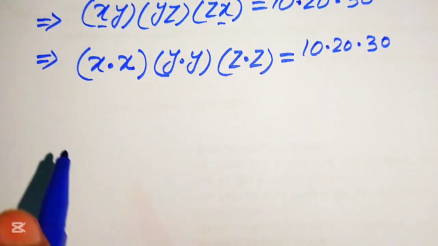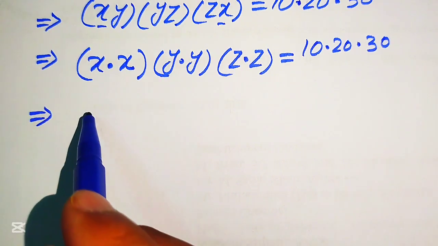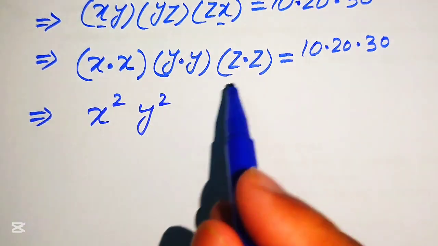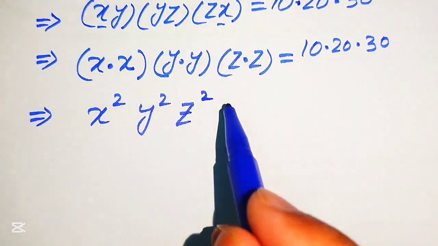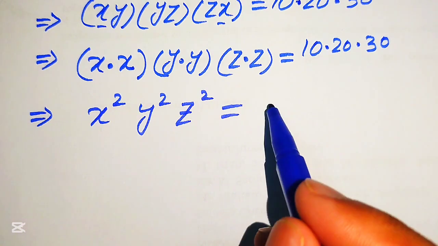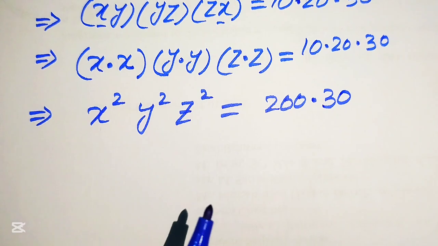Further in the next step, x times x equals x square, y times y equals y square, z times z equals z square, and 20 times 20 equals 400 multiplied by 30.